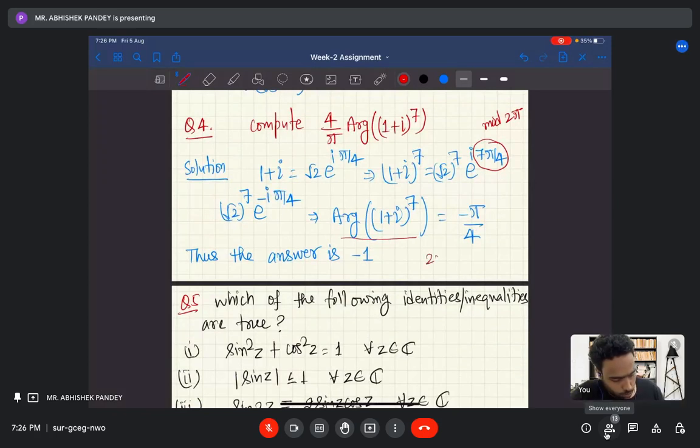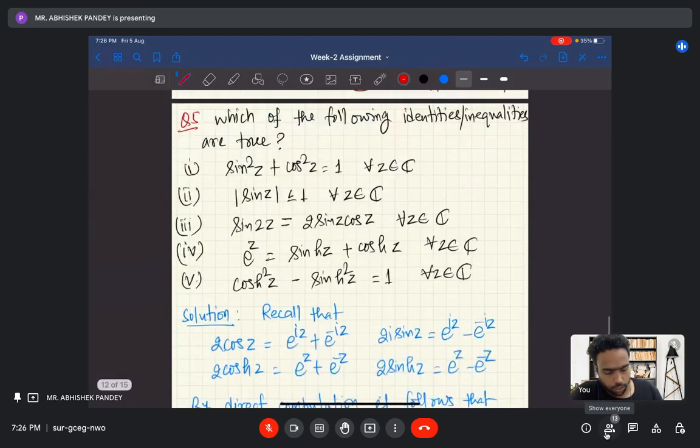So it is 7 pi by 4 minus 2 pi, which equals minus pi by 4. And 4 upon pi multiplied gives minus 1. So this is basically modulo 2 pi, so that it comes into the minus pi to pi range.